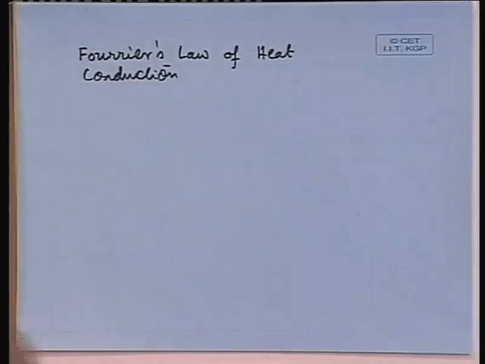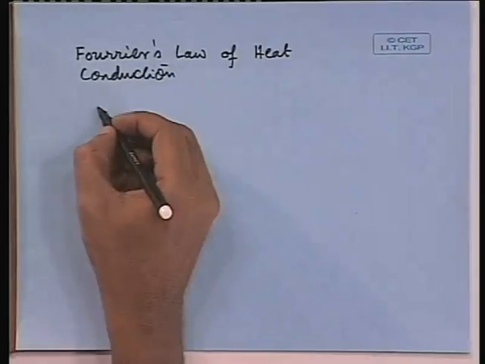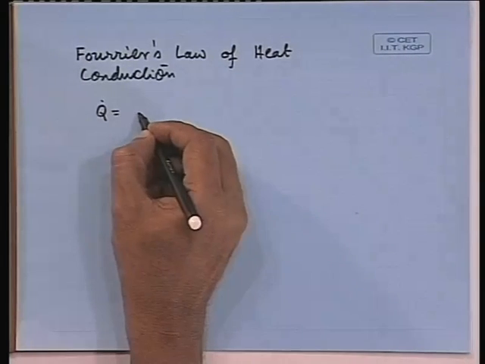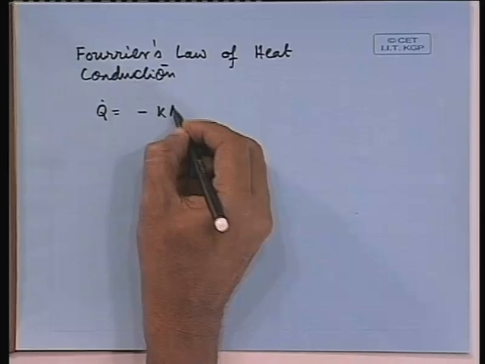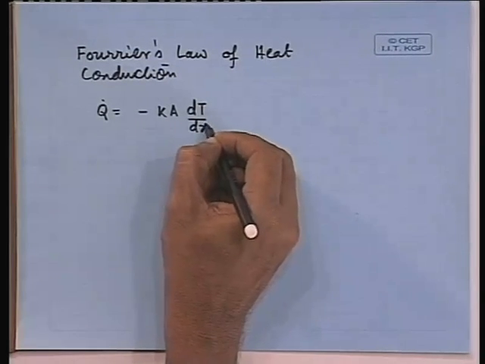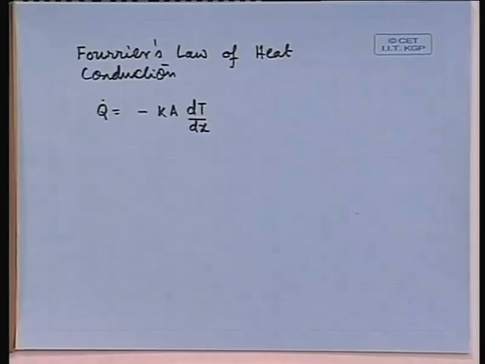So, this says Q dot is equal to minus K A dT/dx. This is Fourier's law of heat conduction.